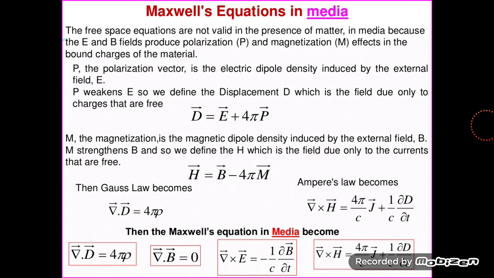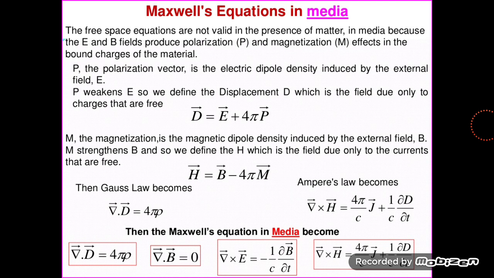Similarly, M, the magnetization, is the magnetic dipole density induced by the external field B, and so we define H, which is the field due only to the currents that are free.